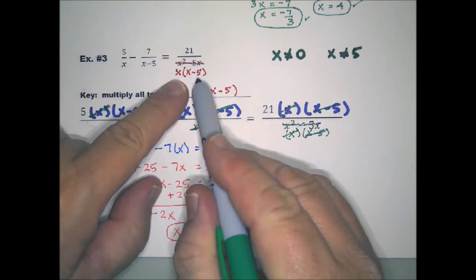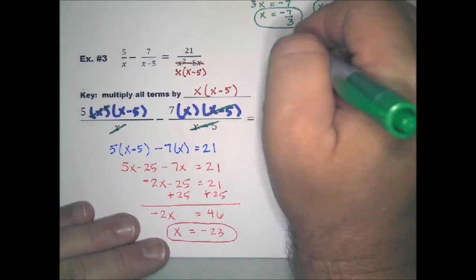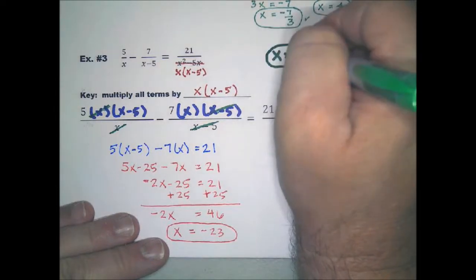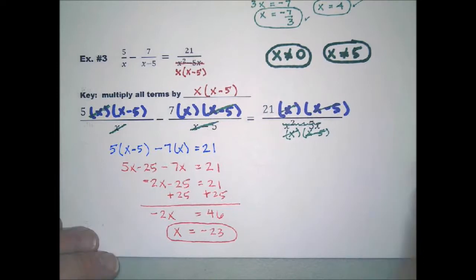And since the third fraction is made up of the other two, we're done. So here are my restricted values. X cannot equal 0 and x cannot equal positive 5, and that's okay, because the answer we really got for the problem was x equals negative 23.